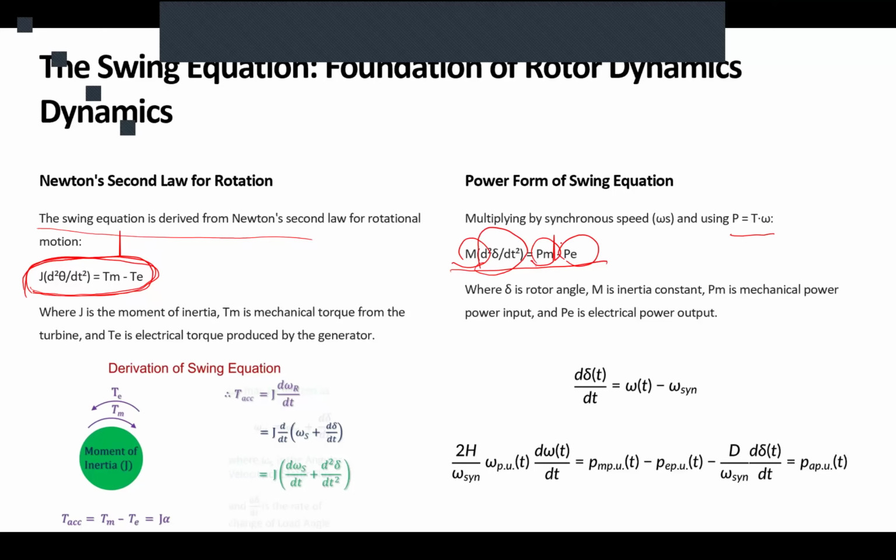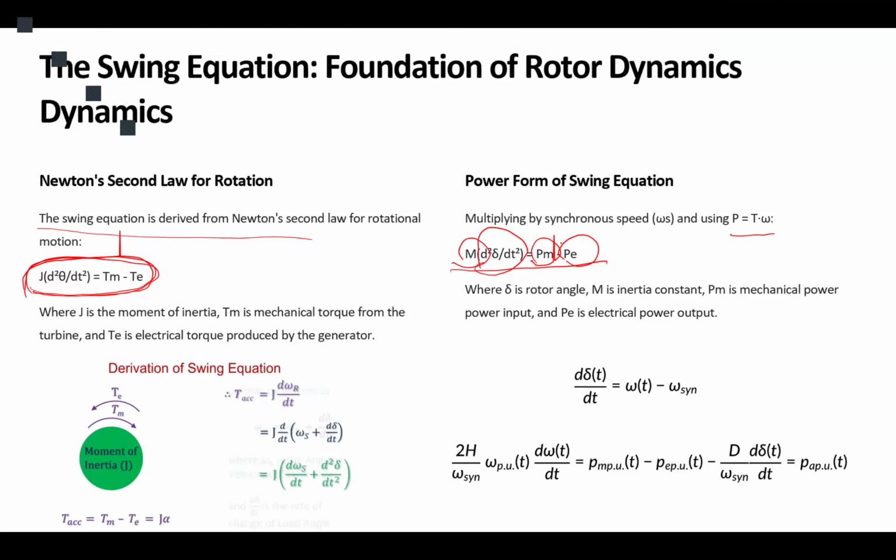Are we good so far? So this is going to be the base differential equation that defines the behavior of our system, in this case the rotary machine dynamics, toward any disturbance. Any question about that?